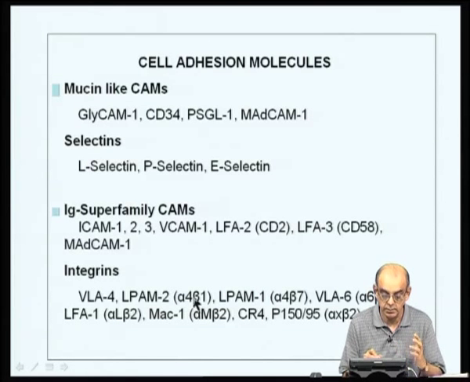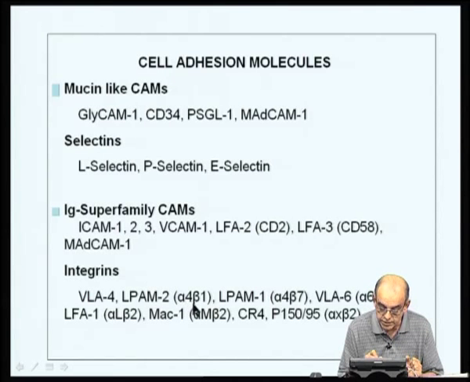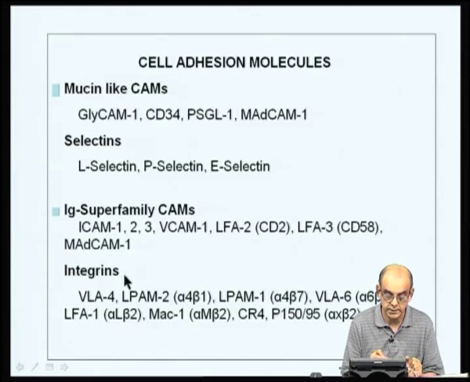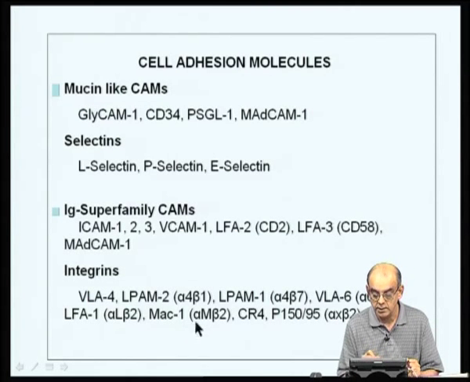It is a heteromeric protein. So, they can have different types of alpha subunit or different types of beta subunit, and based upon this constitution they are organized into different types of integrin molecules. For example, VLA4, LPAM1 and LPAM2 and so on and so forth.